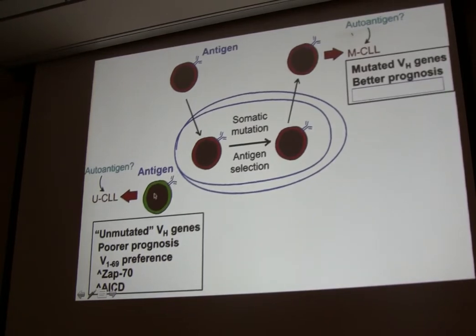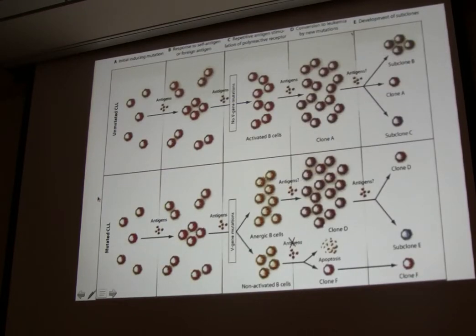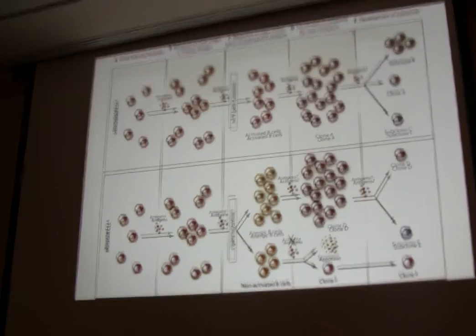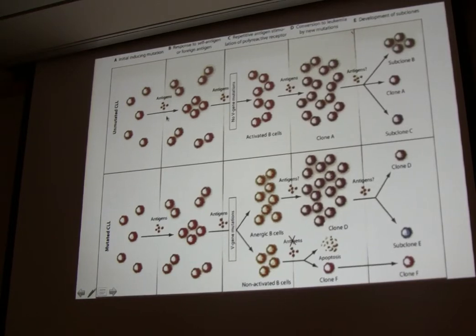It's more like an autoantigen, which gives the cell a poor prognosis and turns on different anti-apoptotic genes, so it survives longer. So it really has to do with the shape of the B cell receptor, how it looks, whether it's mutated, and mutation changes the shape.